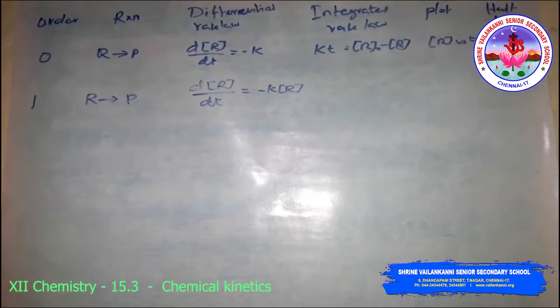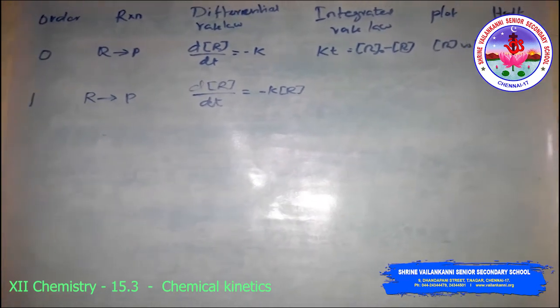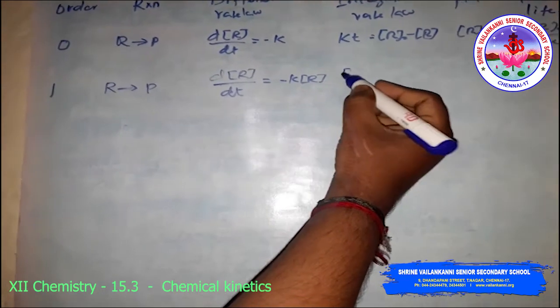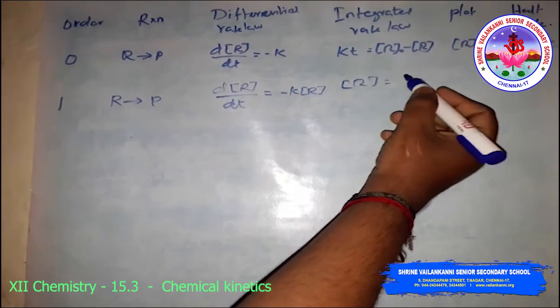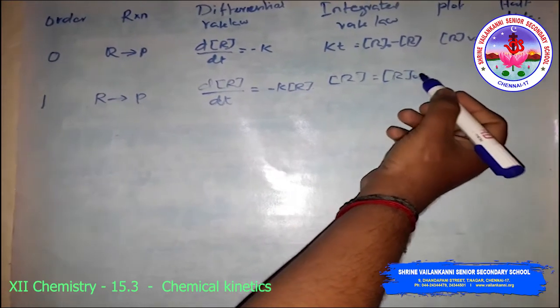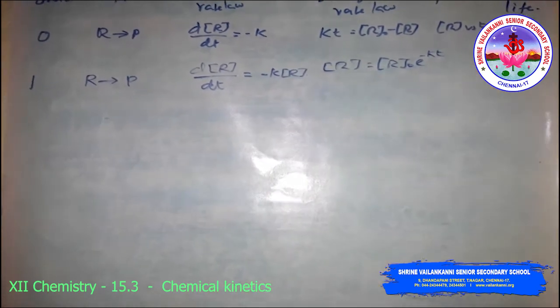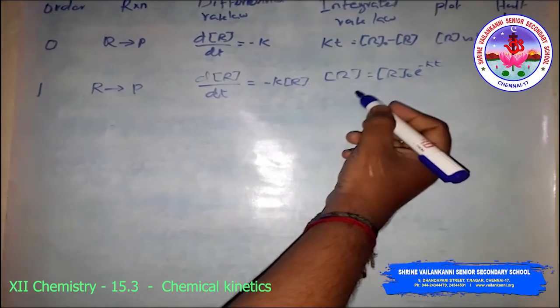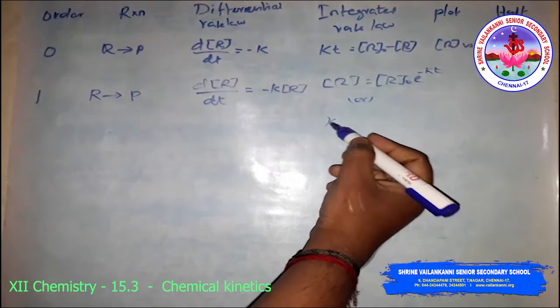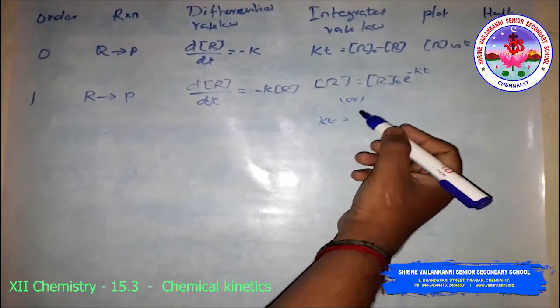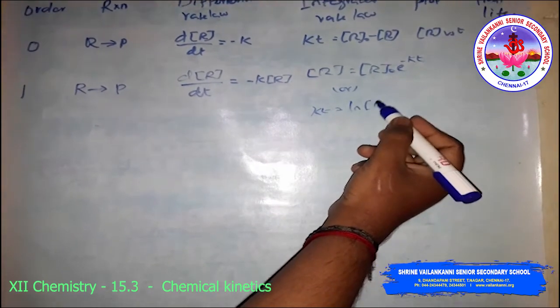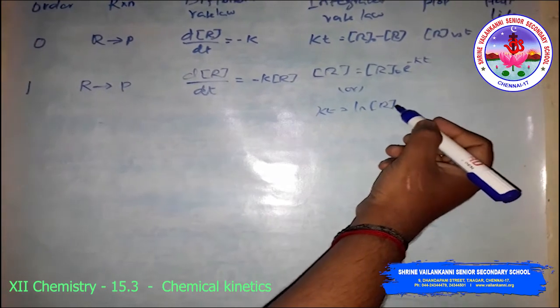The integrated rate law will be [R] is equal to [R]0 e power minus kt. You can also write kt is equal to ln [R]0 divided by [R].